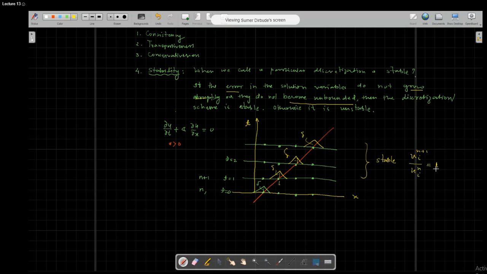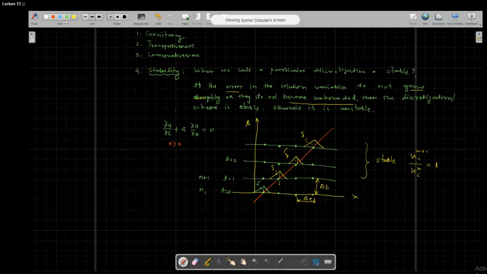If this amplitude is very high, suppose it is 100, then u i at n plus 1 will be 100 times u i n, so it is abruptly changing. If it is 1 or thereabouts, then it is stable. And this is the delta t, just to make it complete, and these are our delta x's.